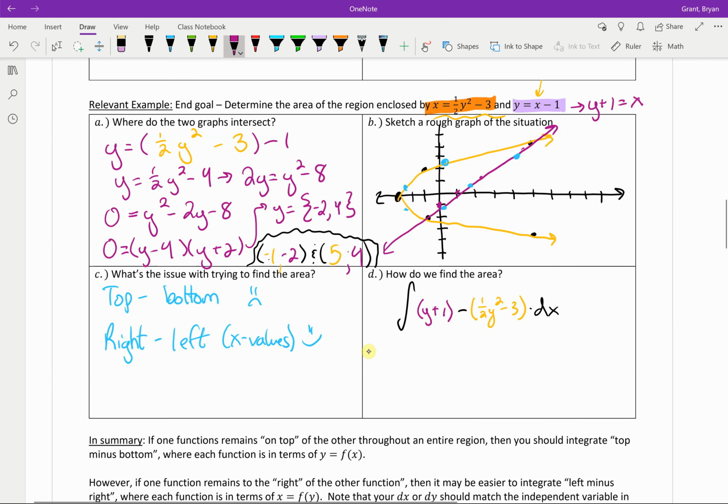Okay, well, then let's think about the second thing. What we're doing then is this y plus 1 and this 1/2 y squared minus 3 are creating x values. This creates an x value, and then we subtract them. So again, using an example over here, I'm going to go ahead and draw this nice rectangle right here. Well, that's a terrible rectangle, but that's fine. We get the idea.